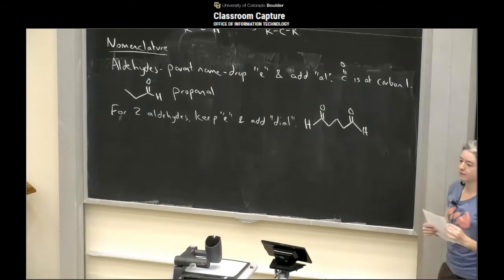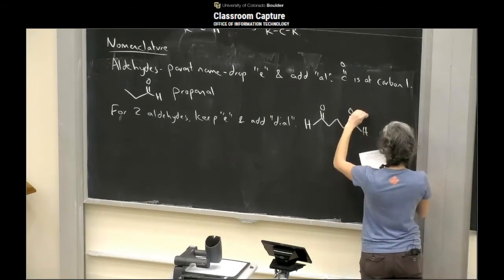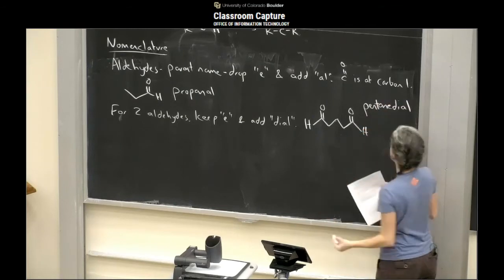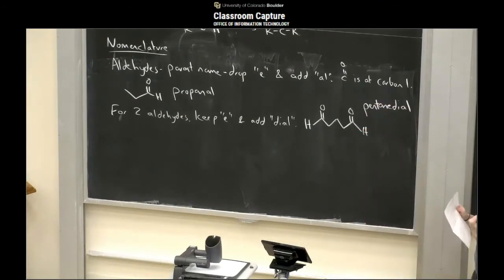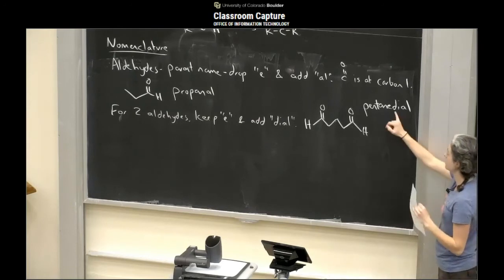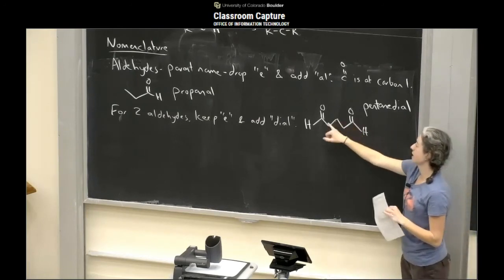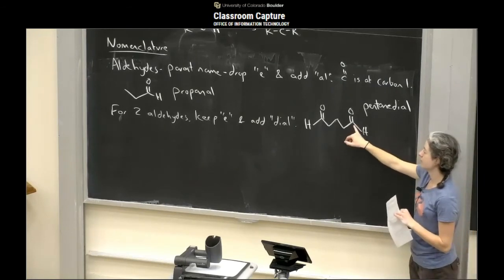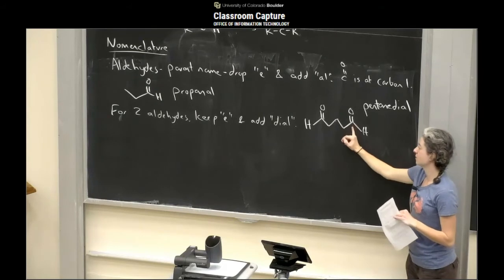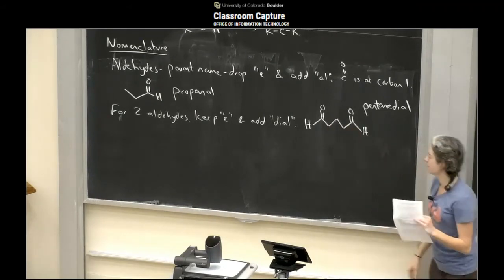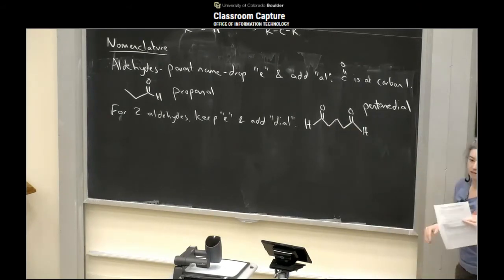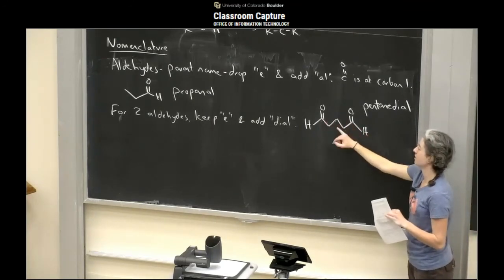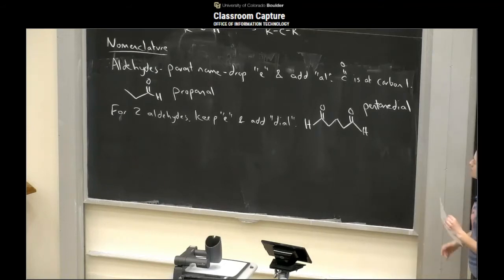So we're just going to call it pentanedial. Note that we don't actually have to include the substituent locations for these. We don't need to call it 1,5-pentanedial because the only possible place for an aldehyde is at the end of the parent chain, assuming that, well, we'll get into principal functional groups and where these things rank in a second here. So as long as both your aldehydes are in the parent chain, then they're assumed to be at the first and last carbon of the parent chain.